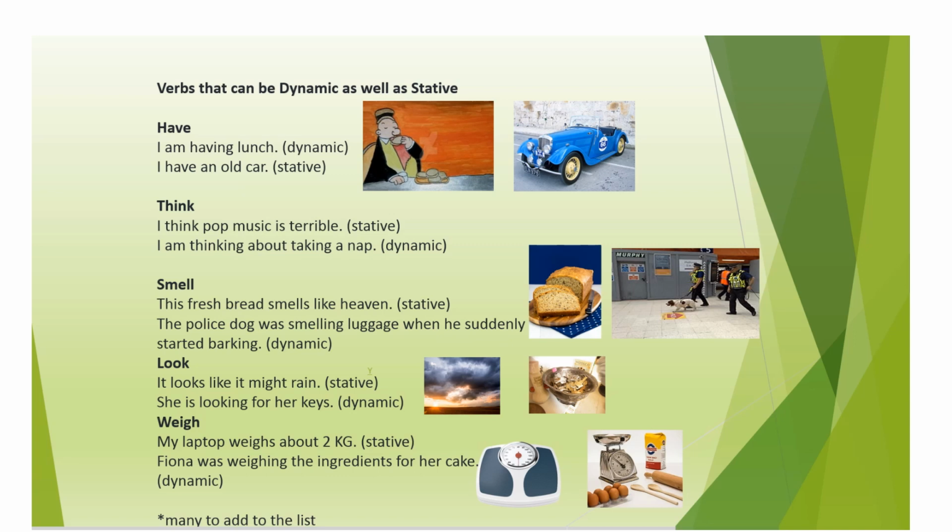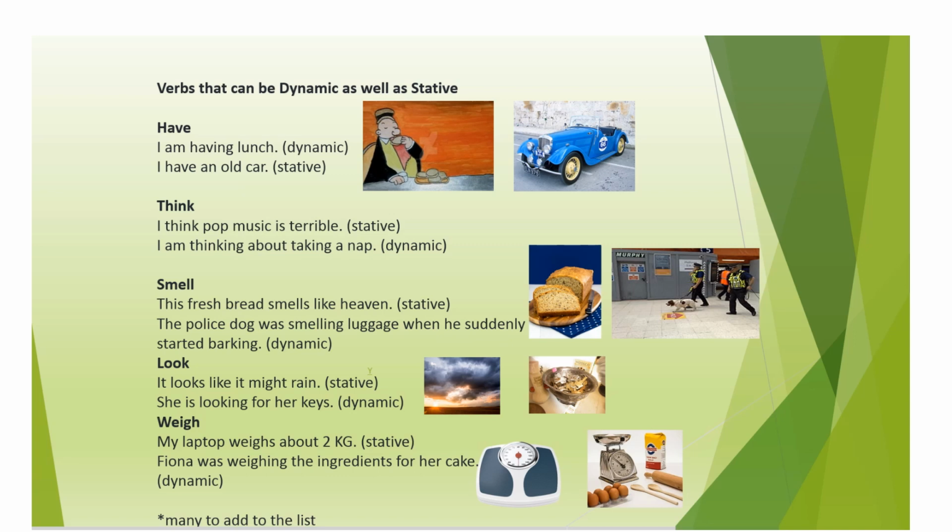If I use the verb have in the dynamic meaning, I could say I'm having lunch. So I'm eating. Right, so it's a physical action, so it falls under dynamic. But for possession, I have an old car. It's stative because possession falls under stative.